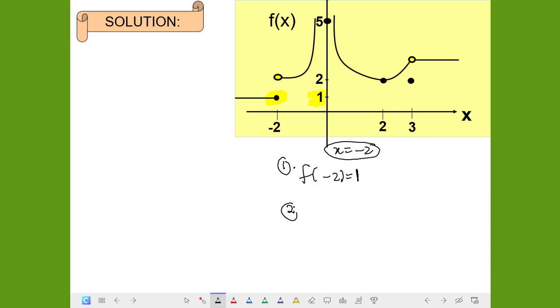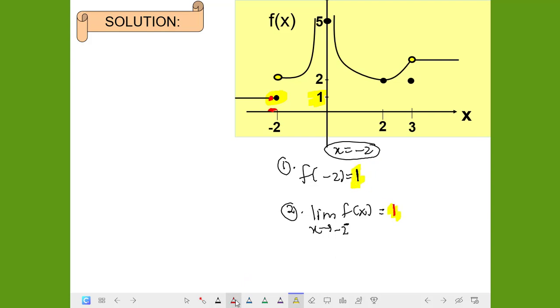The second step is the limit of this function as x approaches -2 from the left. Here, the value is equal to 1. It stays at 1.